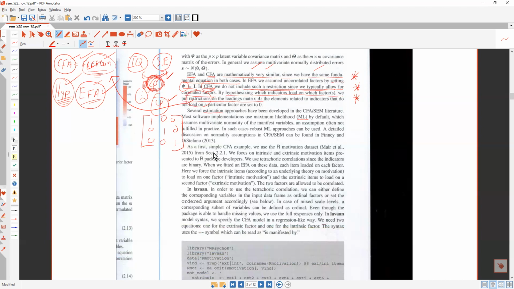Let's make sure that's clear: this idea of restrictions sounds more like the automatic transmission of the EFA. But what CFA does is it frees everything up, and then you decide where the restrictions should be. That's almost like if I get the manual transmission here, and then I decide from 4th to 5th gear, I want it to be automated.